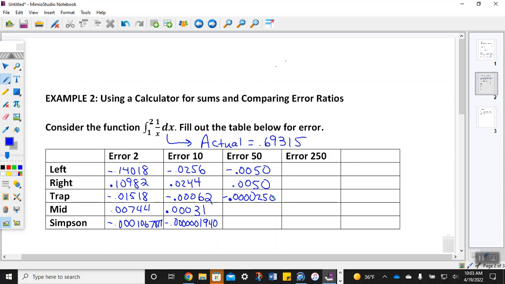And then the midpoint is decimal point followed by 4 zeros. And then Simpson's rule, holy smokes. I think we get the point with that one. It's 9 zeros, so it's going to be negative 0.1, 2, 3, 4, 5, 6, 7, 8, 9 zeros, followed by a 3.